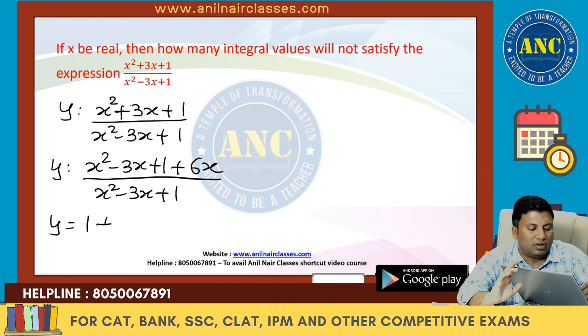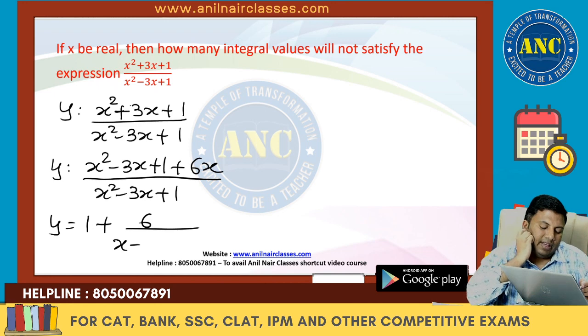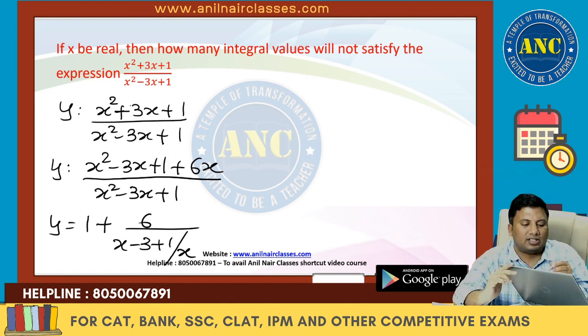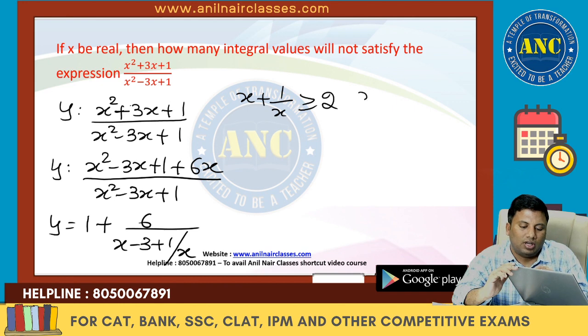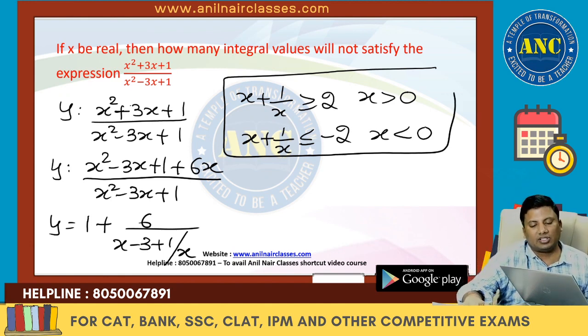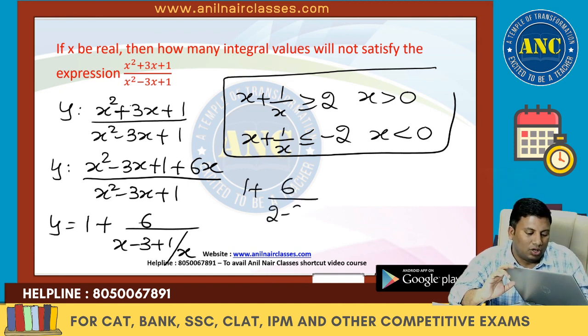This is nothing but 1 plus 6 by x minus 3 plus 1 by x. Can I write like this? X plus 1 by x is greater than or equivalent to 2 for x greater than 0. X plus 1 by x is less than or equivalent to minus 2 if x less than 0. Any real number greater than 0 variable and its reciprocal. So 1 plus 6 by x plus 1 by x, if I take 2, 2 minus 3.